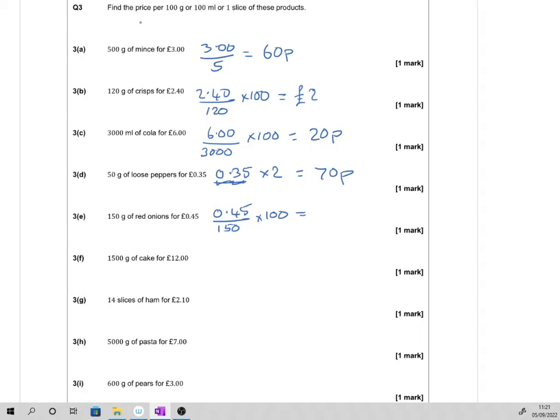So 0.45 divided by 150 times 100 is 0.3, which is 30 pence. £12 divided by 1500 times 100. 12 divided by 1500 times 100 is 80 pence.